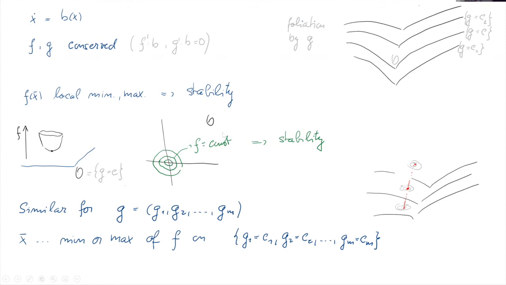So that's essentially the idea, which in the context of celestial mechanics, of course, goes back to Euler and Lagrange and all the classical works. It's the same if we have several conserved quantities.